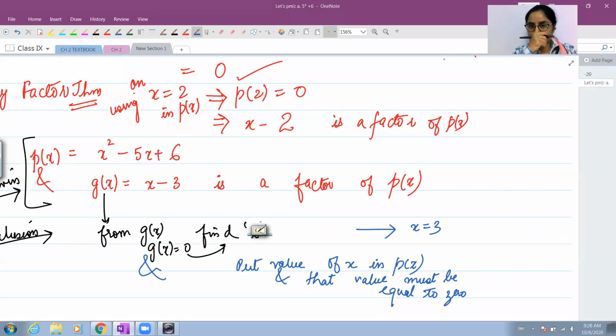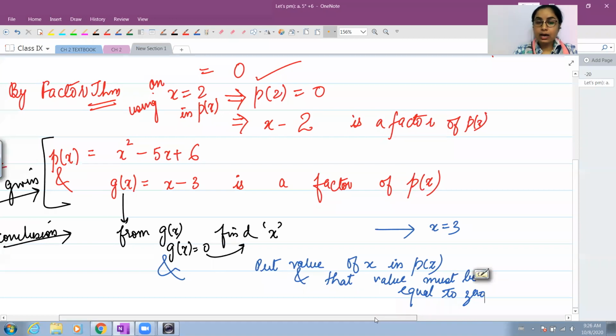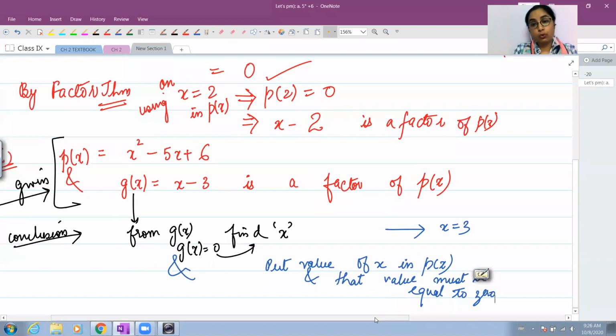Ma'am, must be equal to 0 means the value also should be 0. Yes. Even if x is equal to 0 and you want to put x equals to 0 in the polynomial, तो आपका answer 0 बनना चाहिए, हर हालत में बनना चाहिए, because उन्होंने बोला है कि वो factor है. अगर factor है तो remainder ने तो 0 होना ही है.